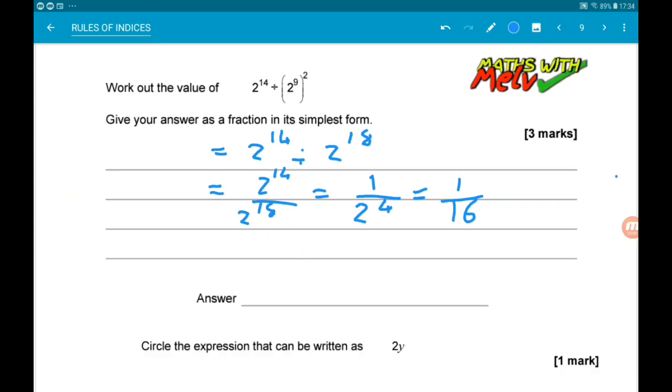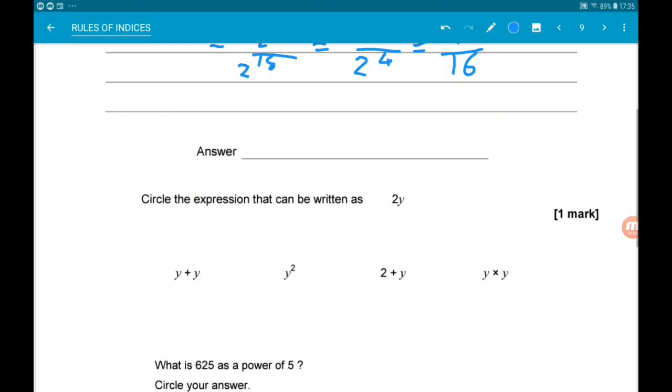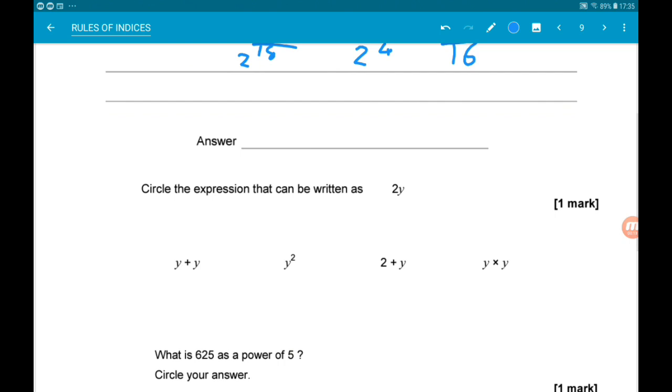Now, next up, we want to circle the expression that can be written as 2y. So it's actually the first one, just y add y. So y squared means y times y. To add y can't be written any differently, and y times y means y squared.